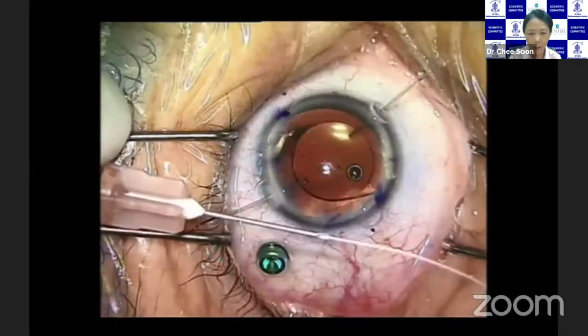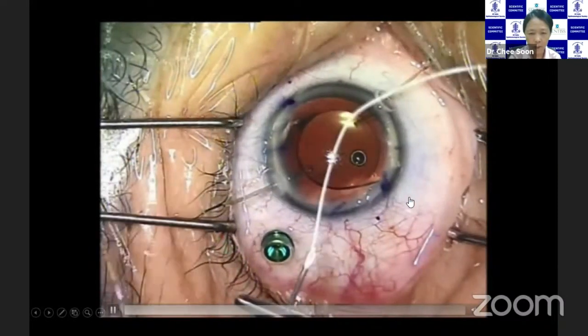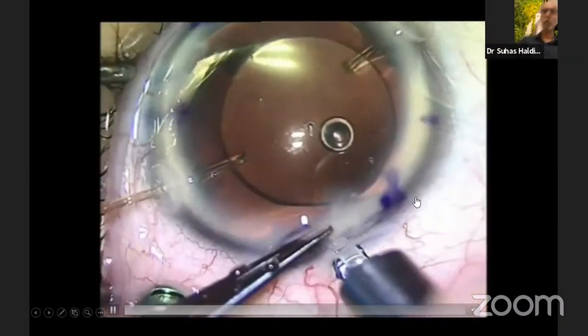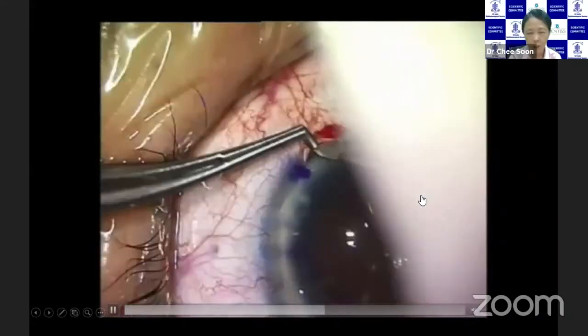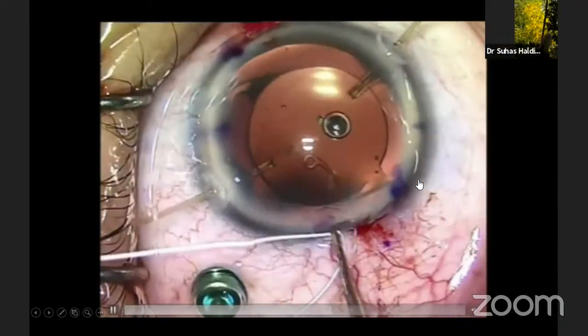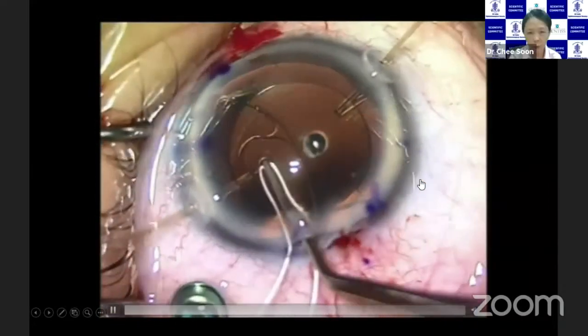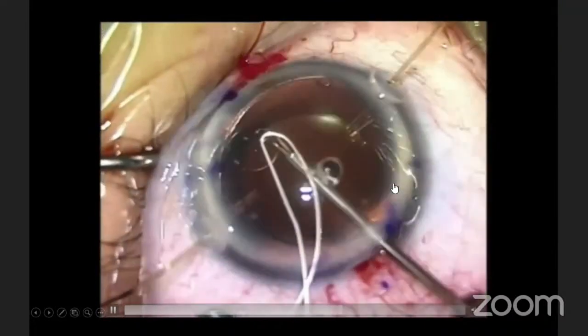Insert the IOL into the capsular bag, showing you again the suture snare. You can use a 26 or 27 gauge needle with a short segment of the cortex suture, creating a Hoffman pocket. In this case, I was actually going to put in a toric IOL here.